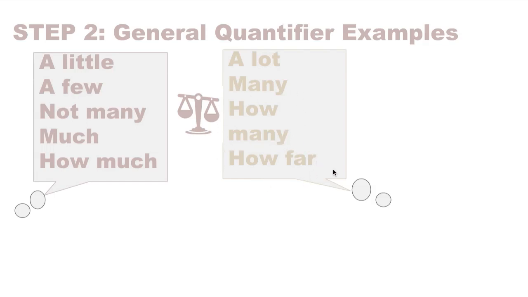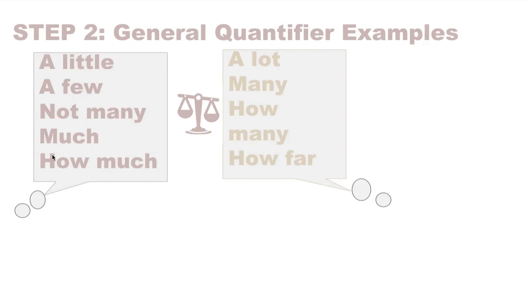We have words like how far, phrases like how far. And then on the opposite side, we have a little, a few, not many, much, and how much. So remember to just repeat after me, okay?